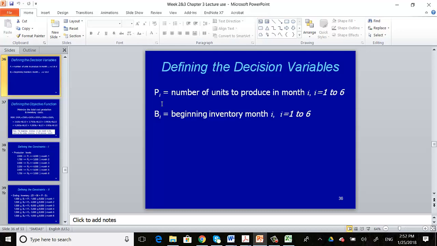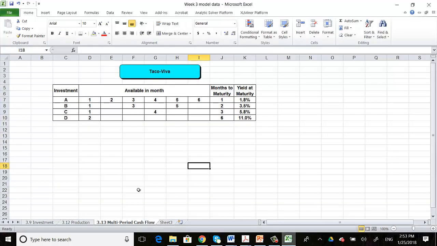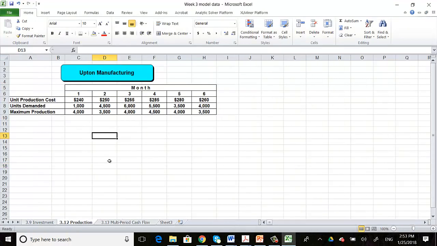And we said the true decision variable is how much to produce, the number to produce. Okay, and the other one, the inventory, is going to change depending on your decision variable's value, demand, and the ending inventory.